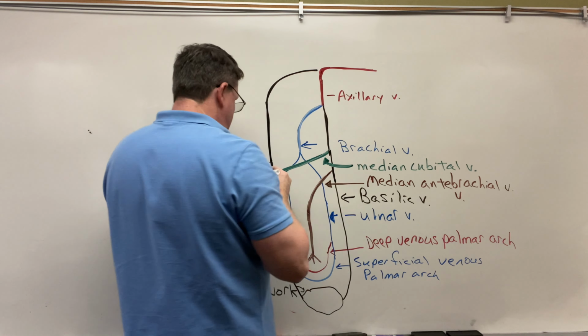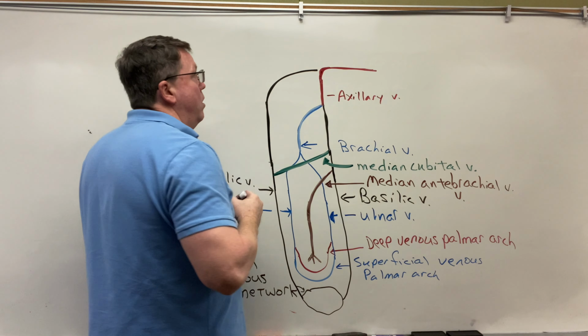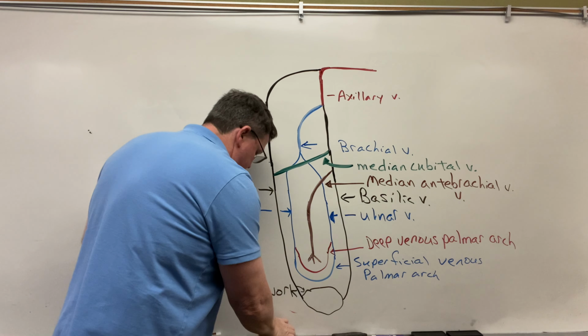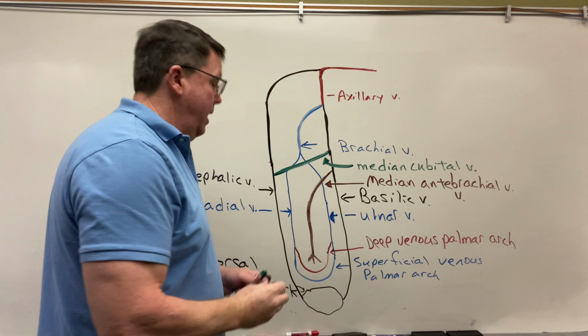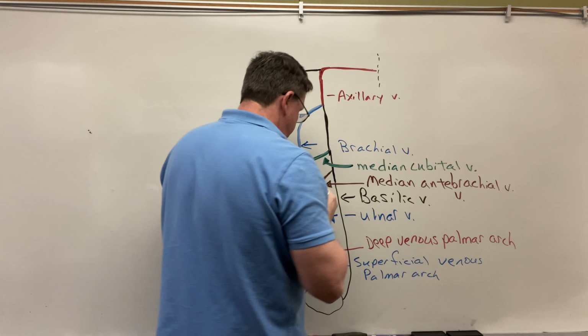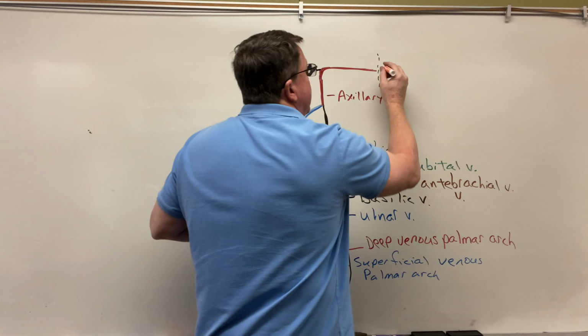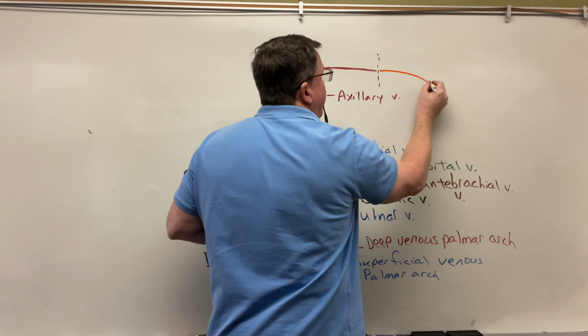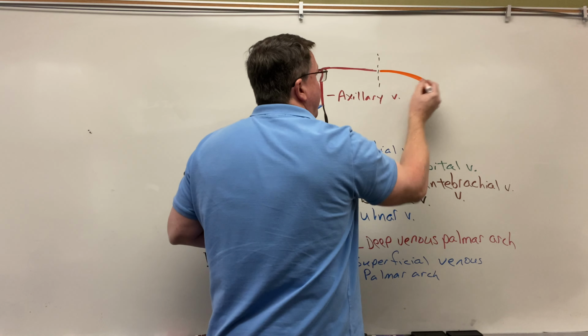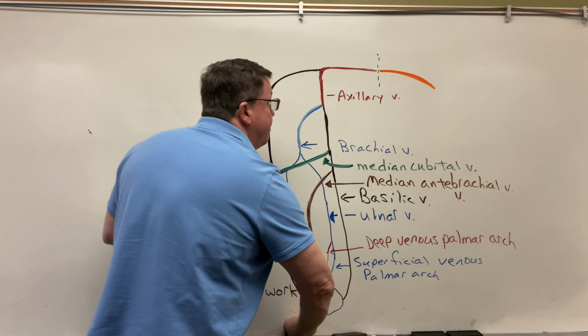And once it gets to a certain point here, this is now going to be called my subclavian vein. So it's going to become my subclavian vein. Okay, and there's my subclavian vein.